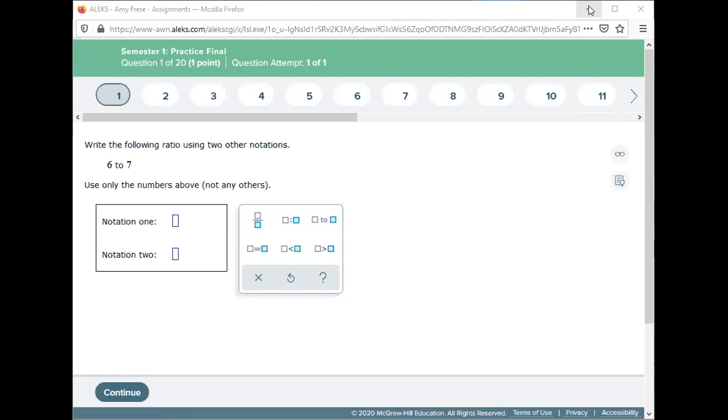Is it sharing? It's not. I froze. Okay, let me stop sharing really quick. Why isn't it sharing the right thing? Oh, because I'm not sharing the right thing. Hold on, I just realized, technological issues. Okay, let me share this one.